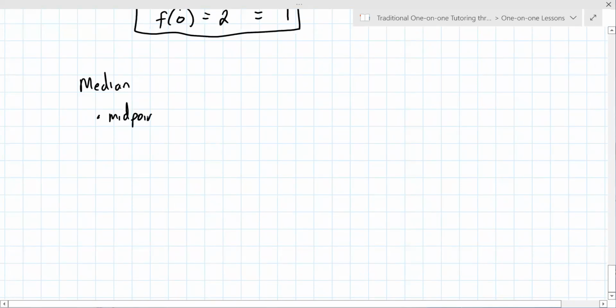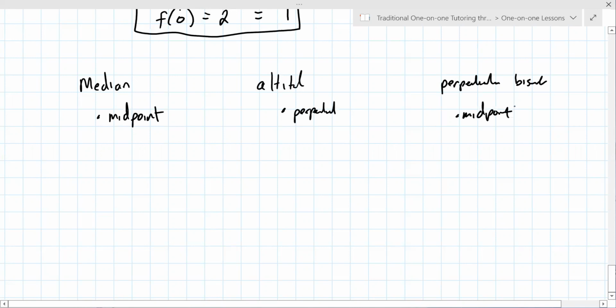For the median, you need the midpoint. For the altitude, you need the perpendicular. And for the perpendicular bisector, you need both. So for median, I'm splitting the line in half. Yes. And for perpendicular bisector, I'm also splitting the line in half. Exactly. But it has to have 90 degrees. Yes. And altitude's just the perpendicular. Just the perpendicular.